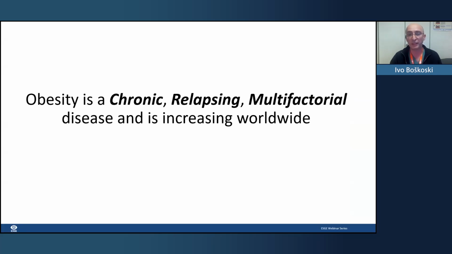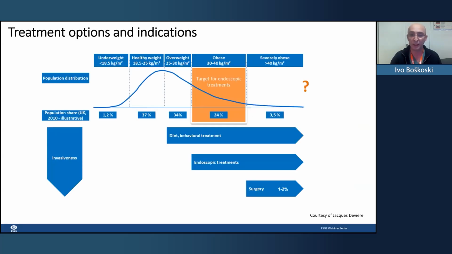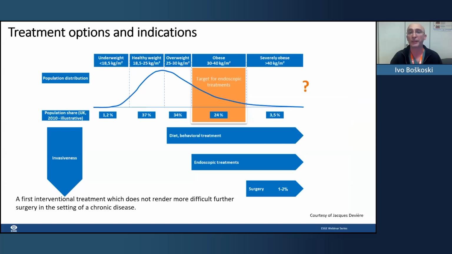Obesity is a chronic, relapsing, multifactorial disease and is increasing worldwide. When we talk about obesity, there are different types of obesity, and what endoscopy is aiming to treat is always about BMI for patients from 30 to 40. And of course, there can be many other indications for more than 40, people that refuse surgery, not fit for surgery, and so on.